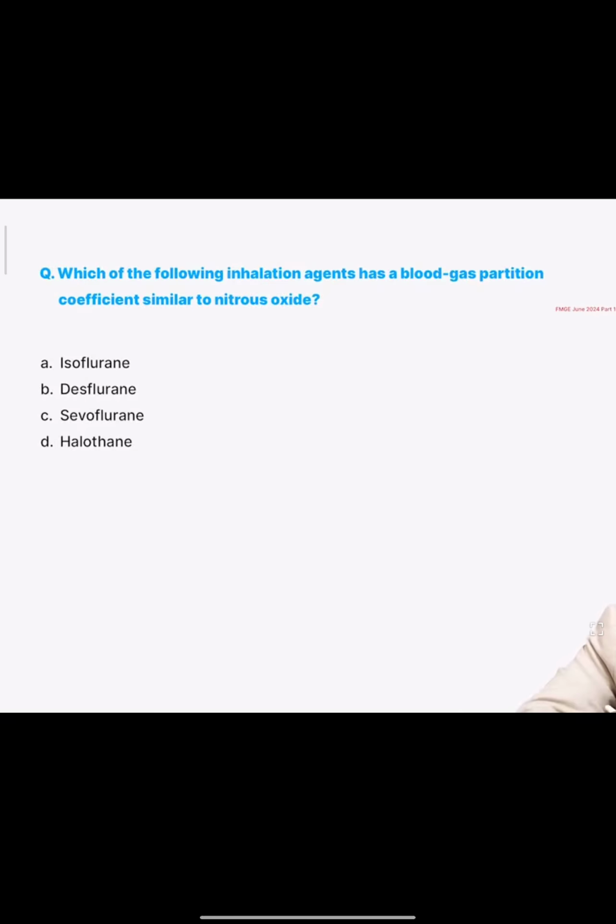Next, guys, which of the following inhalational agents has a blood gas partition coefficient similar to that of nitrous oxide? But again, guys, remember, for remembering blood gas coefficient, you have to first remember MAC, the agents which are having low MAC to high MAC. What were the agents which are having low to high MAC, guys?